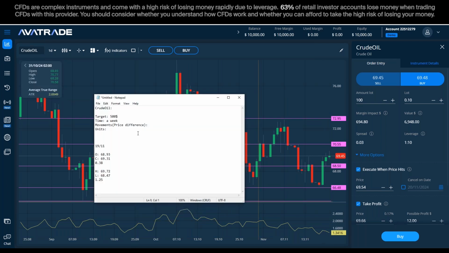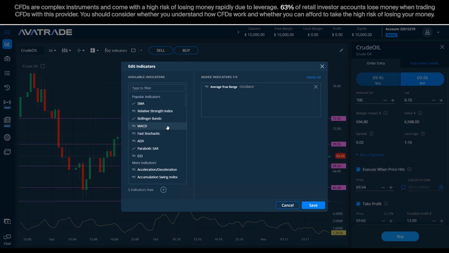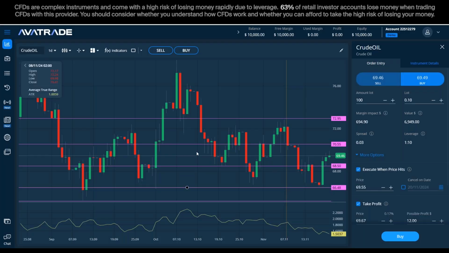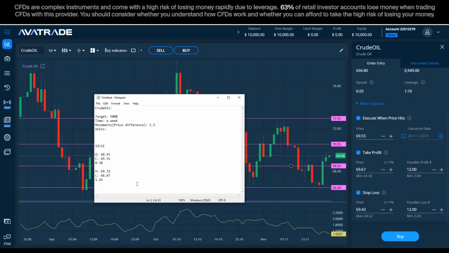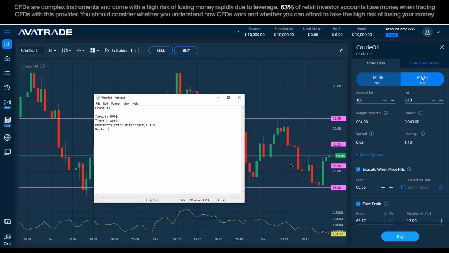Now, with this average in mind, let's suppose that the average was 1.5, as we saw. Okay, and I'd like to use it to potentially determine where my take profit is going to be. So because I'm with the buy, the simple thing to do is to simply add it on top of my price, right?